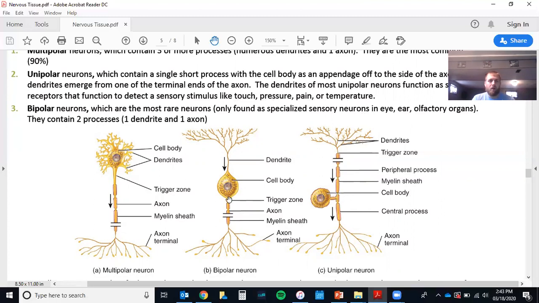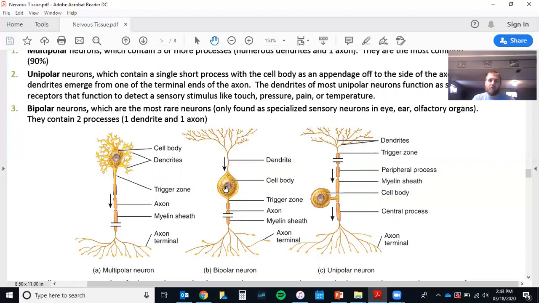So for what we call our general sensations. The most rare of our structural classification neurons are called bipolar neurons. And we all know bi means 2. There's one and a second extension with the cell body being located in the middle. These are very rare, as I mentioned, only found in specialized sensory organs like our eyes, our ears, and in our nose.